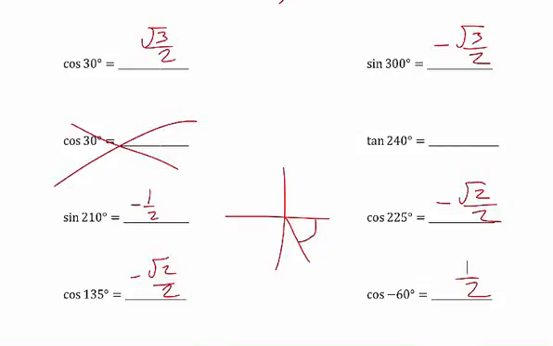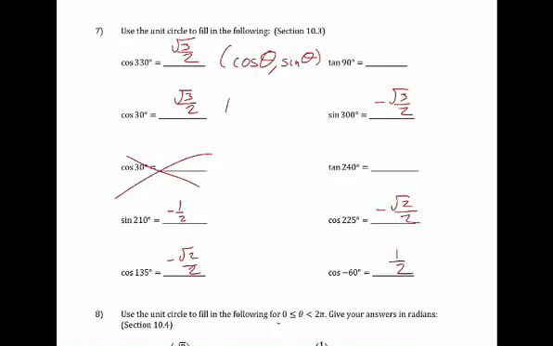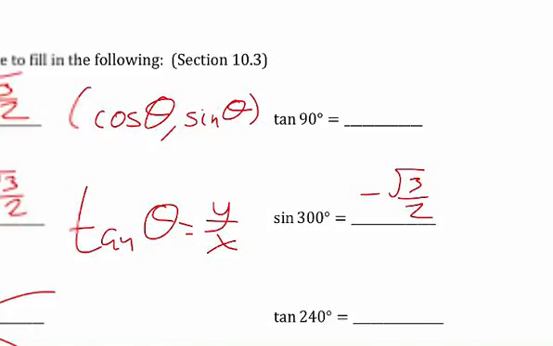Now, for tangents, one thing you need to remember is tan of some angle is equal to your y value divided by your x value. Now, at 90 degrees, our y value is 1, and our x value is 0.